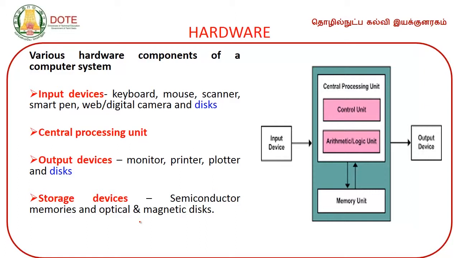Here disks are used both as input and output devices, because data can be read as input from the disk, as well as stored in the disks. So, it can act as both input and output device. Storage devices: the data processed or required are stored in the memory and external storage devices. These storage devices are used to hold the data. There are different types of storage devices like semiconductor memories and optical and magnetic disks.